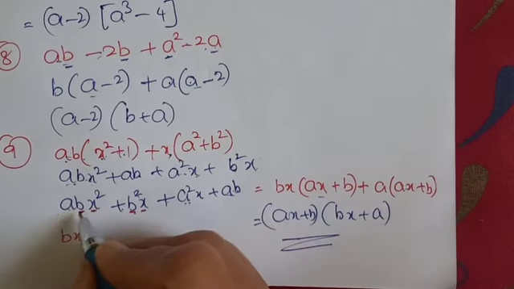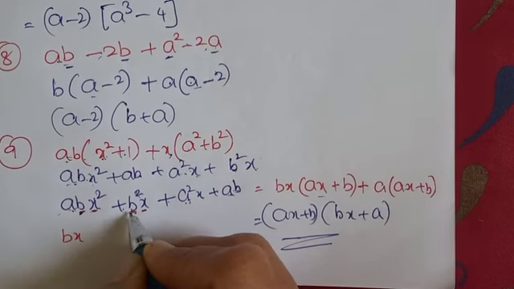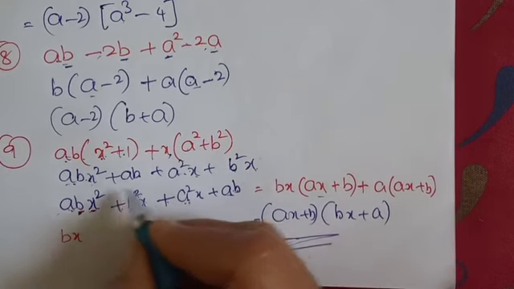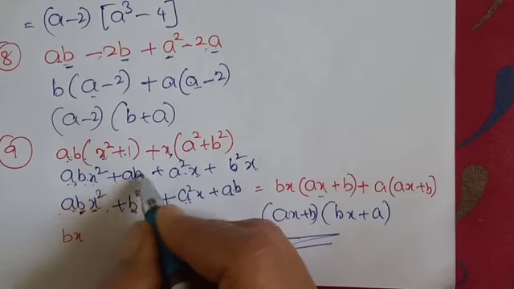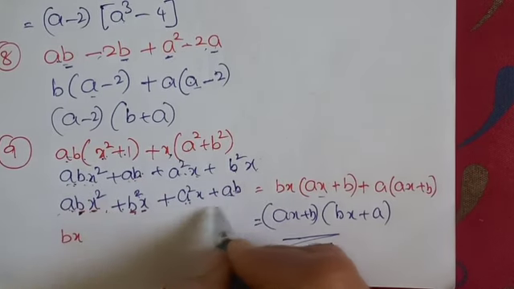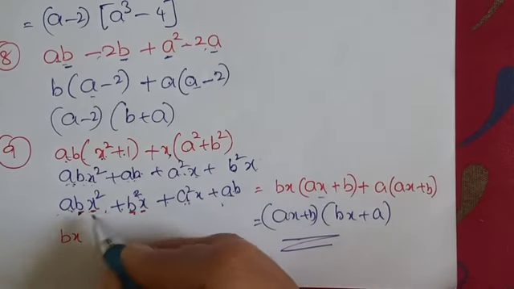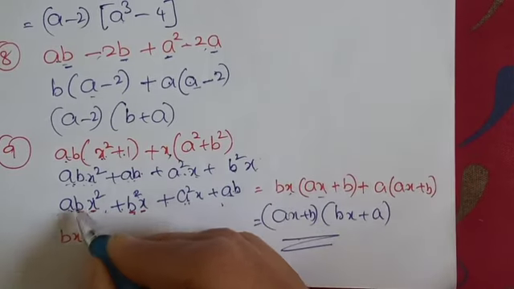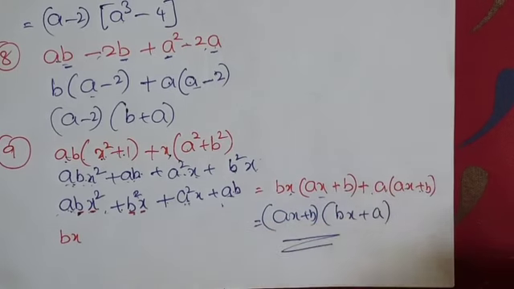This is the question. So abx² and b²x. In this way also you can do, or directly also you can take common. So this is my convenience. So (ax + b) is common: (ax + b)(bx + a).